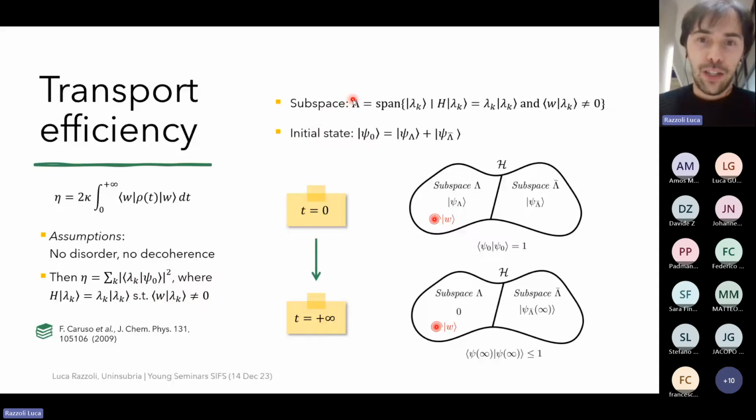Well, if we define the subspace lambda, which is spanned by these Hamiltonian eigenstates, then we can expand also the initial state in these two subspaces, lambda and its complement. So we see that in the limit of infinite time, all and only the components within this subspace will be absorbed by the trap vertex. The others will be preserved.